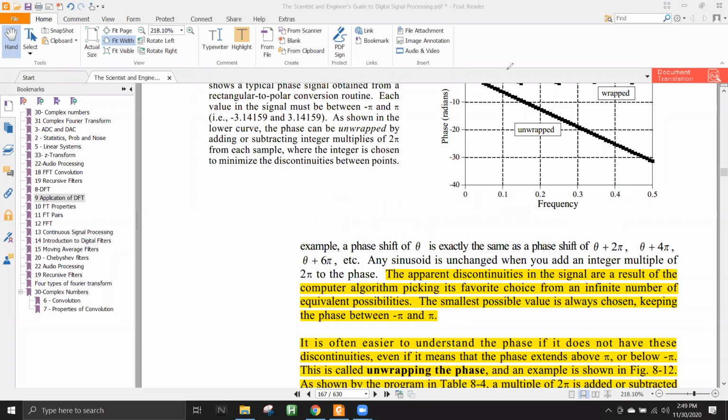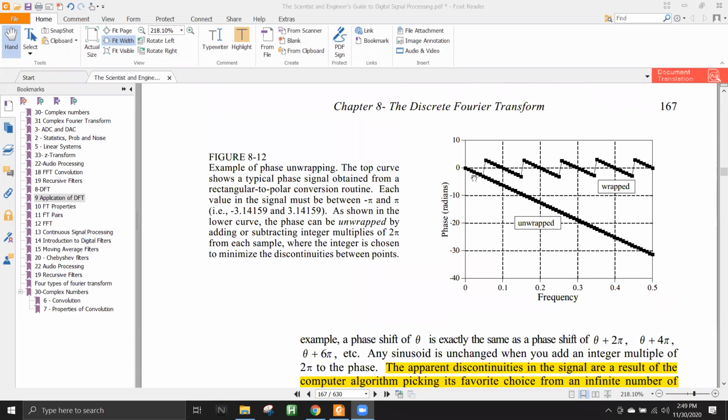If you look at this figure, as I reduce from 0, after minus 3.14159, that means after minus pi, it will shift back to positive pi, and again it will reduce, and when it reduces below minus pi, it will again shift back to positive pi.